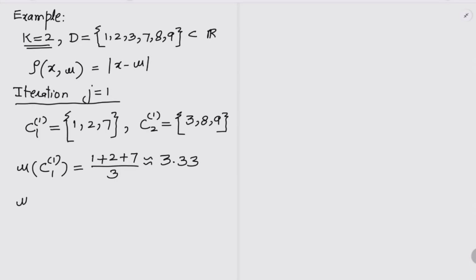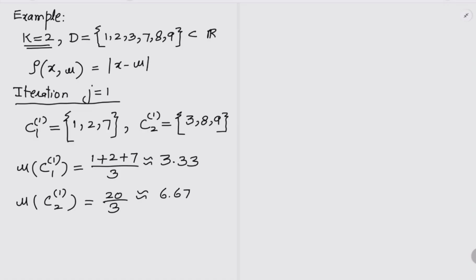Similarly, you find the centroid of cluster number 2 at iteration 1 by adding the numbers and dividing by 3. So you get 6.67. So these are the centroids.